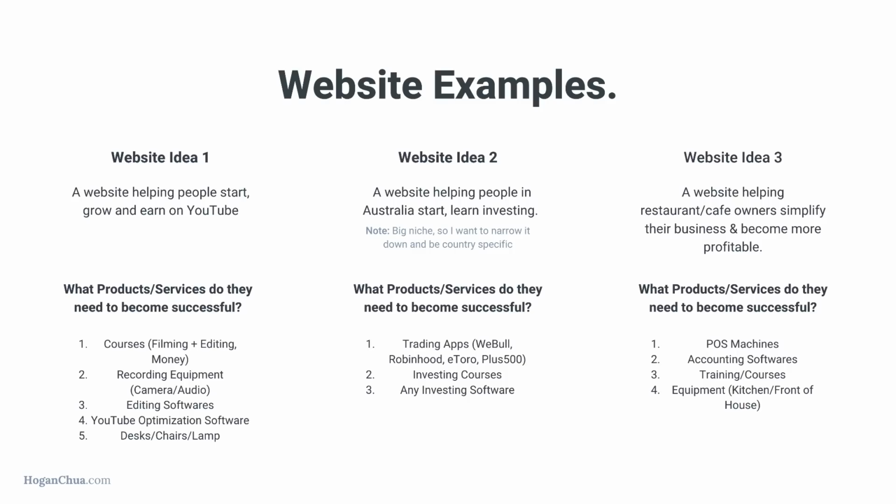So I just wanted to create a very specific one just for Australian people, so you can create one specific for your country as well, because I know that investing is a very, very big niche and also a very profitable one because it's talking about money. You do want to sort of narrow your niche down sometimes. And another website idea is, I will create a website based around helping restaurant owners and small cafe owners simplify their business and to become more profitable.